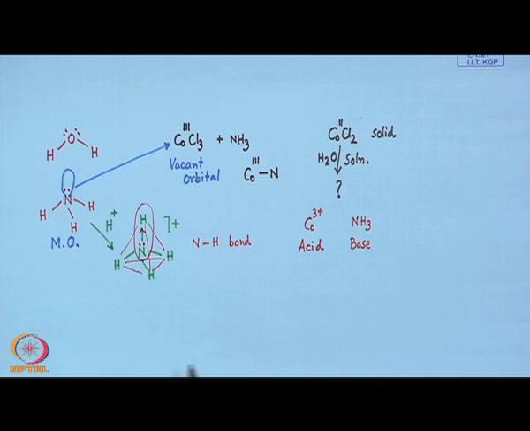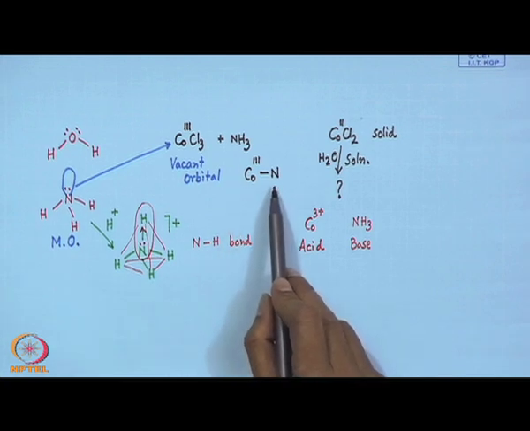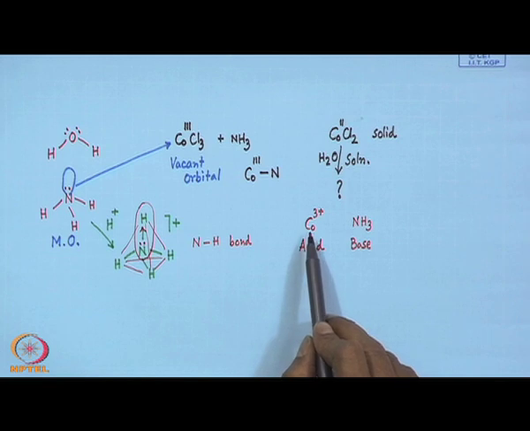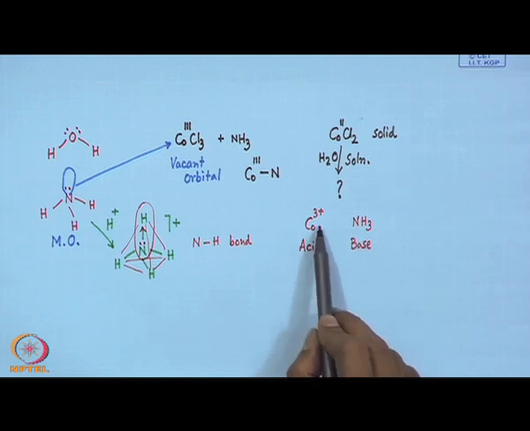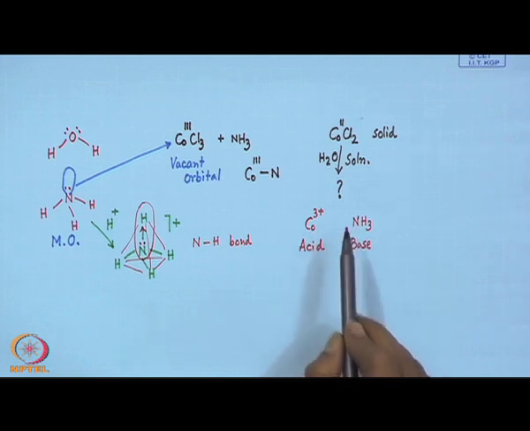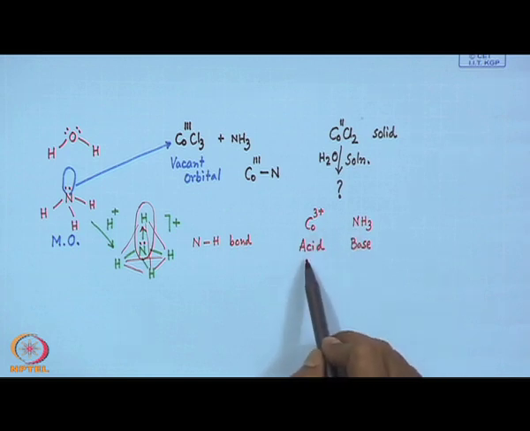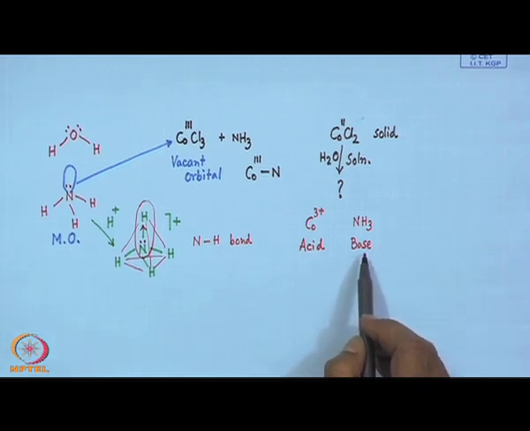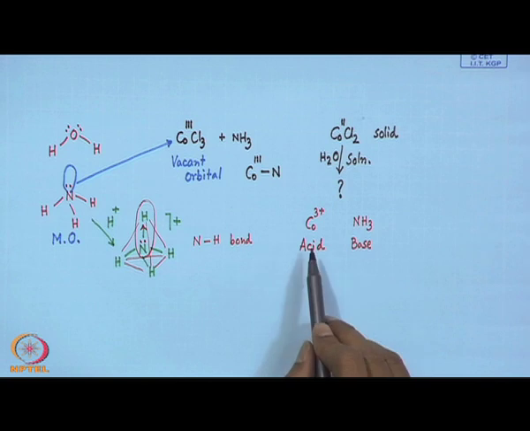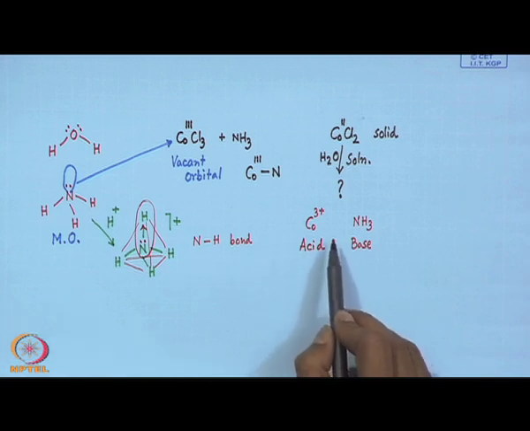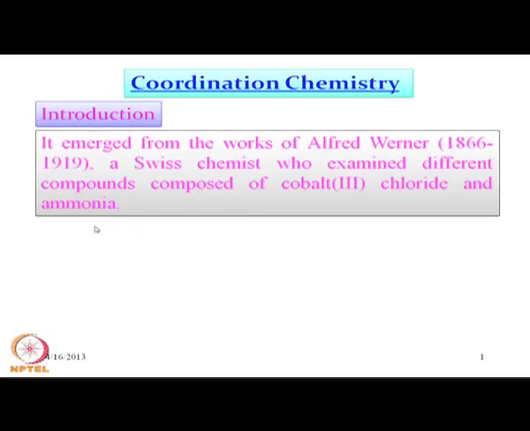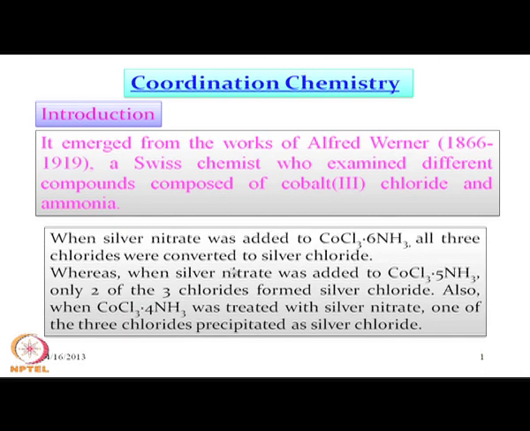So, what we are talking about during the formation of this cobalt nitrogen bond is that the cobaltic ion, the cobalt in trivalent state, is interacting with ammonia, forming a corresponding salt type of thing. Definitely it will form a salt if one counterpart is a typical acid and the other is a typical base. So, between an acid and base the reaction will take place and we should get a corresponding salt as the product. This person studied the reaction with ammonia to identify this.